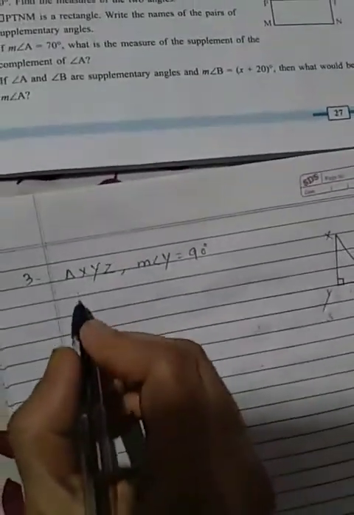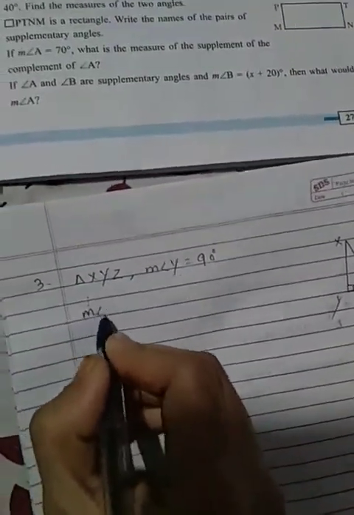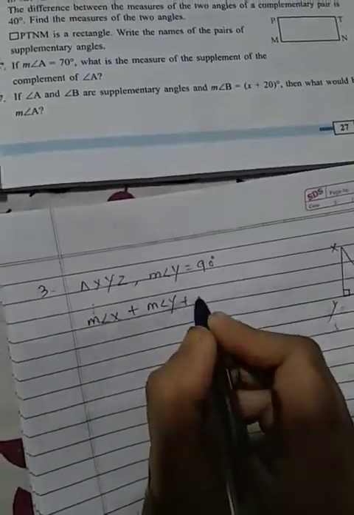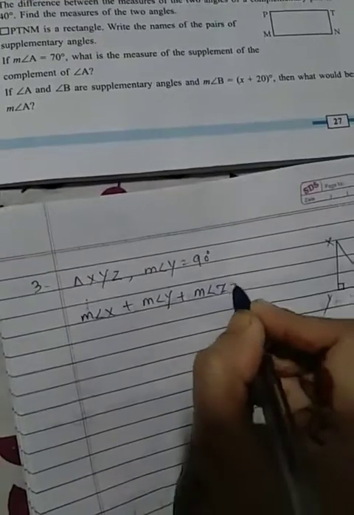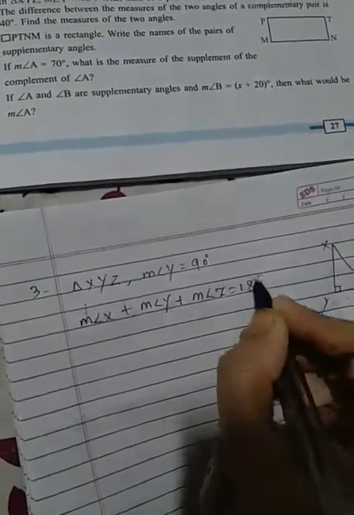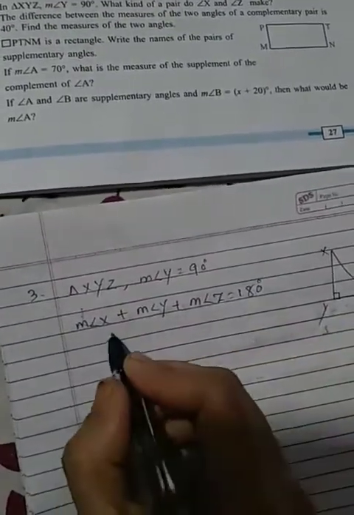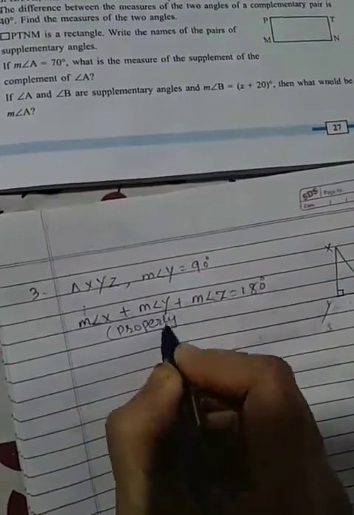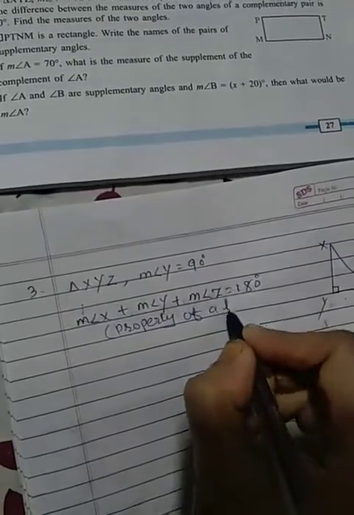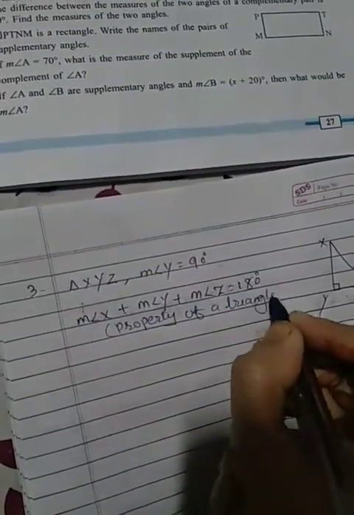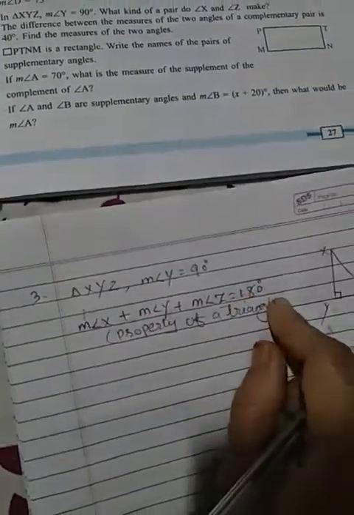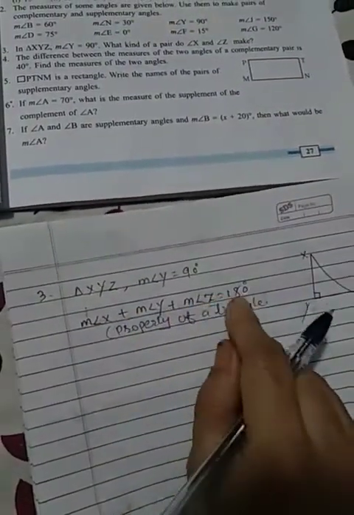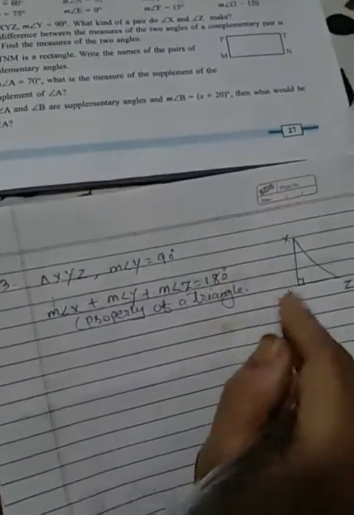It means in triangle XYZ, measure of angle X plus measure of angle Y plus measure of angle Z is equal to 180 degrees. Why? Because of the property of a triangle: the sum of the measures of all the angles of a triangle is 180 degrees.